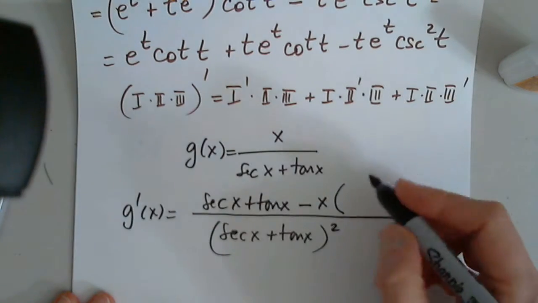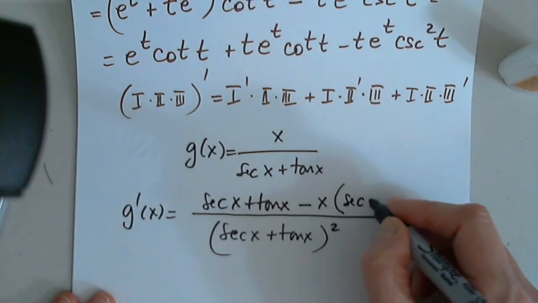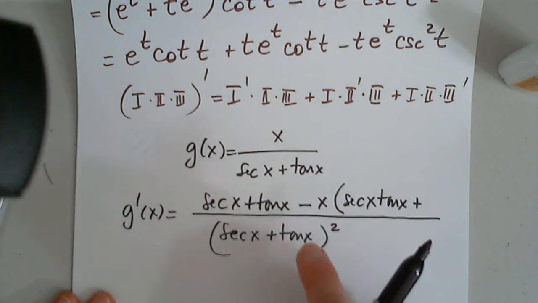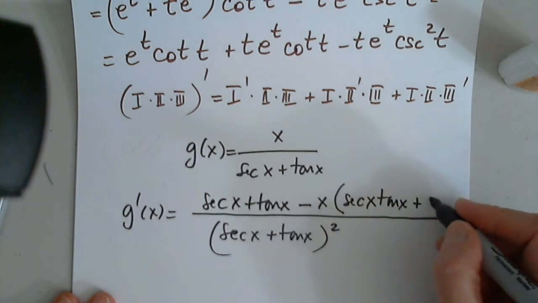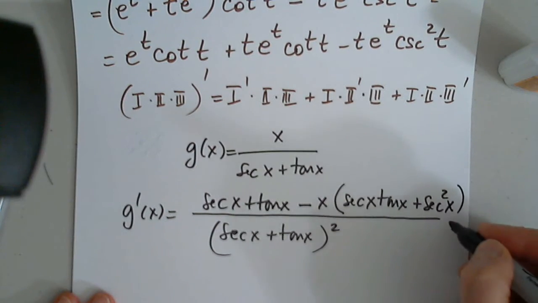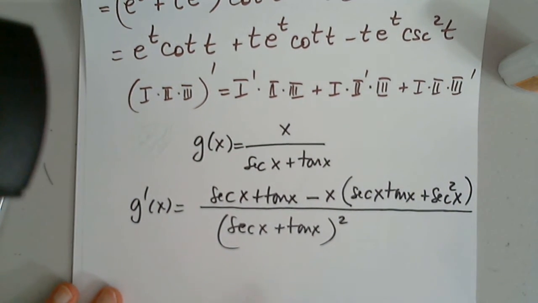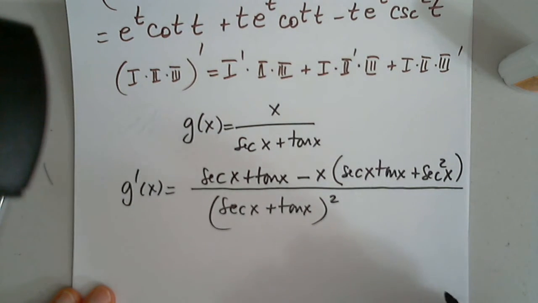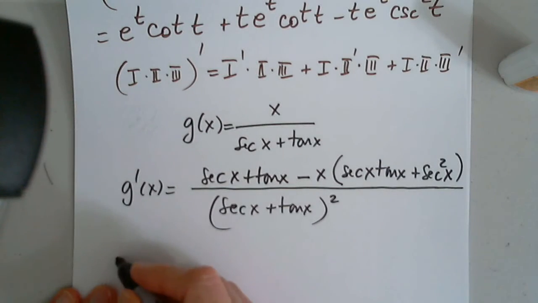Secant prime is secant tangent plus tangent prime is secant squared. I cannot do anything else but just distribute x to these two terms and leave it alone.